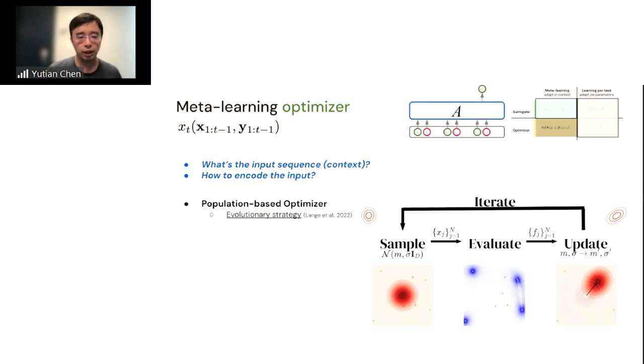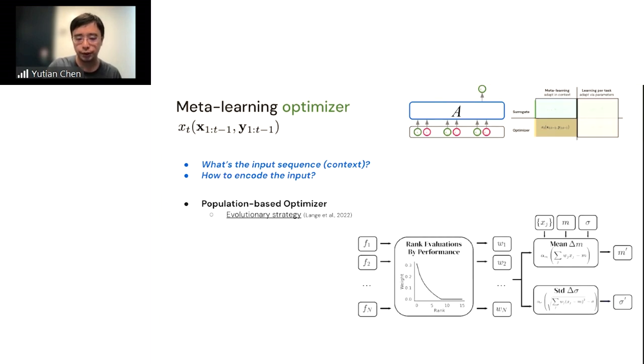This idea of using the transformer as a meta-learner started in population-based optimizers. For example, in Lan et al. 2022, they started replacing part of the evolutionary algorithm. In this case, it's the Gaussian evolutionary algorithm, where in this population-based optimization, they need to maintain a Gaussian distribution to sample the populations.